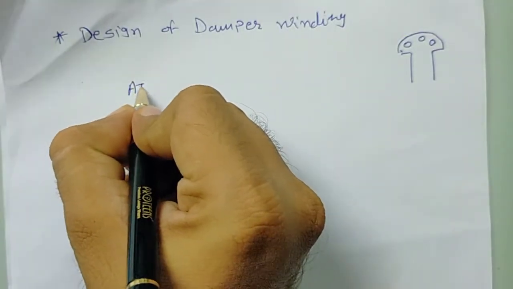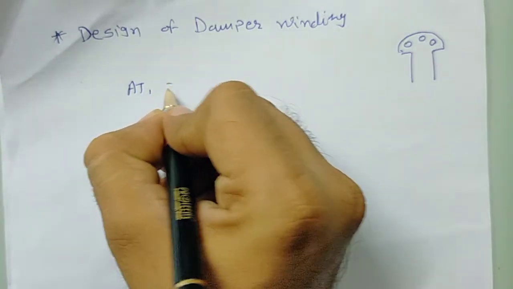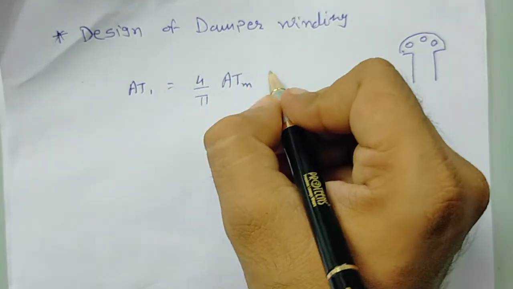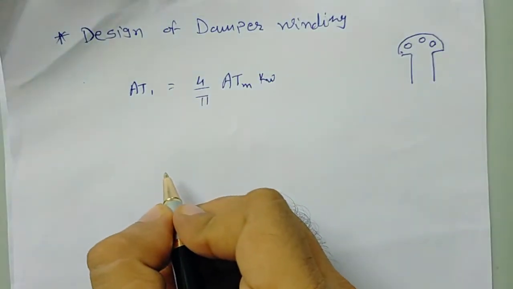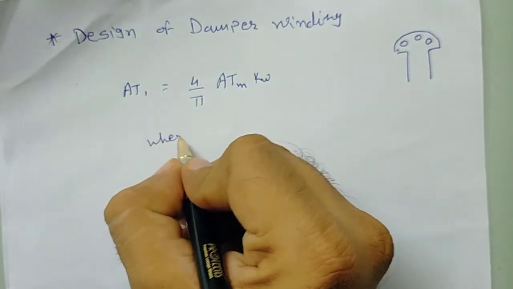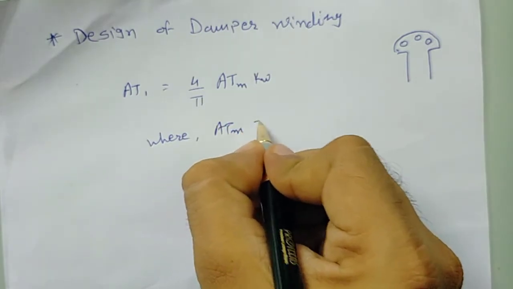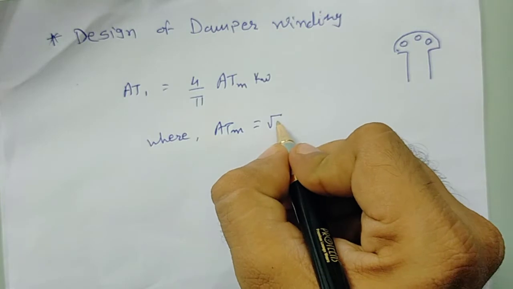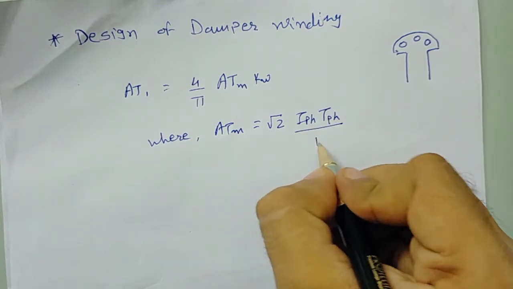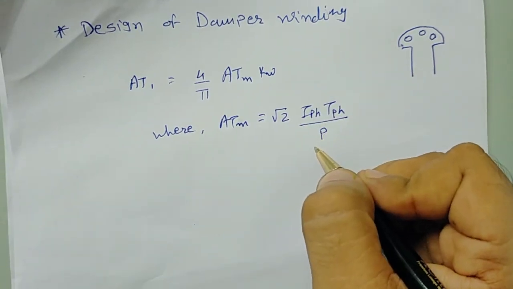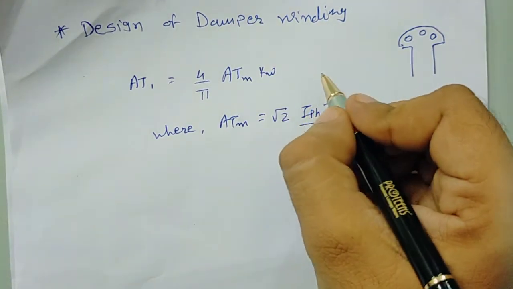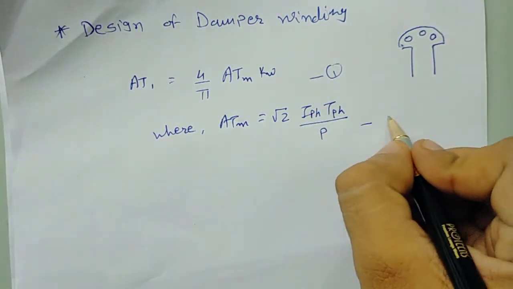The MMF or ampere turn of one phase is 4 by pi into ampere turn of the phase into the winding factor, where ampere turn of phase ATm is root 2 into the phase current and turns per phase divided by P. Let us say this is equation number 1 and this is equation number 2.